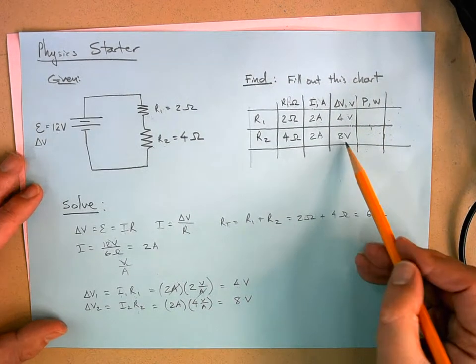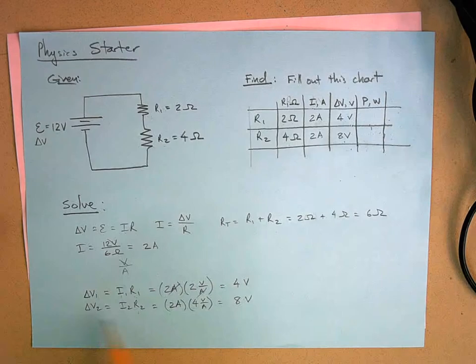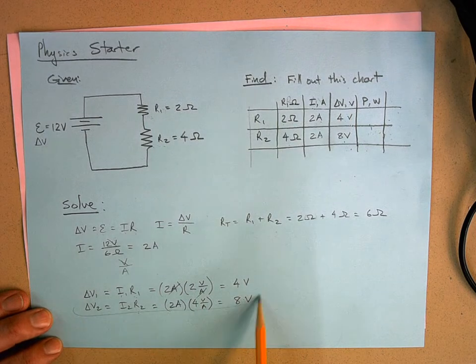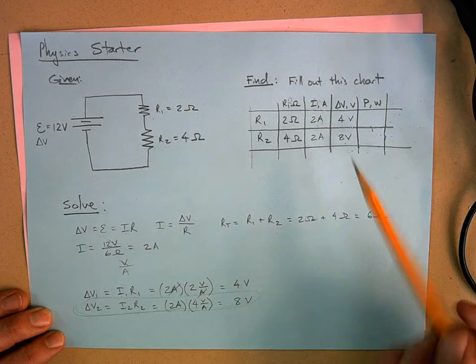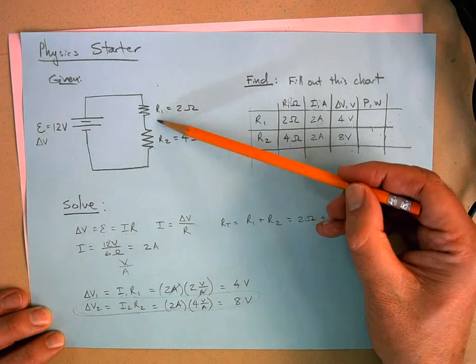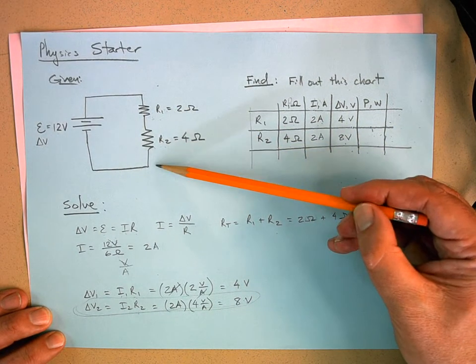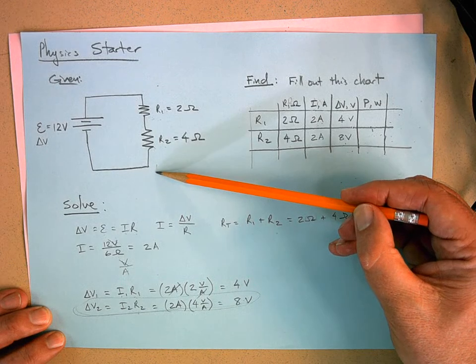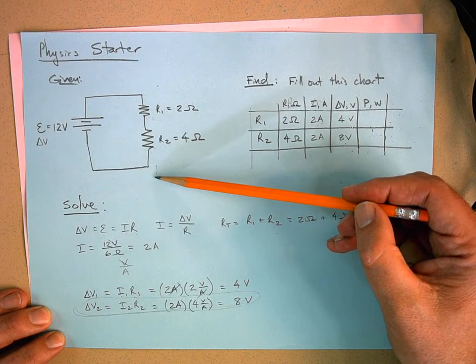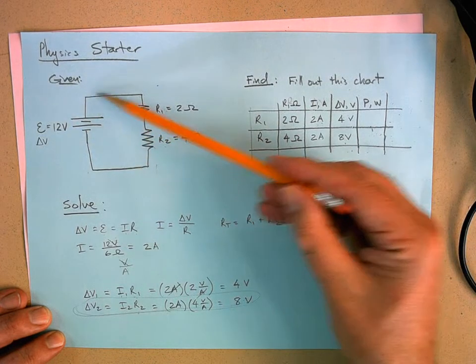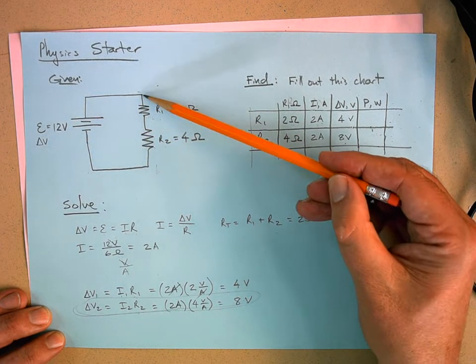But there's another way to get 8 volts if you don't want to go through this, and I know how much work this is. This is just almost unbearable, right? But if you know the shortcut, if you know that this is 4 volts, you can figure out that this has to be 8 volts. Why? Because it has to add up to 12 volts. Because we had a 12 volt gain, so we need a 12 volt drop.